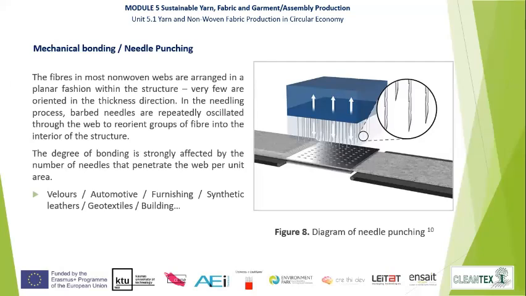Very few are oriented in a thickness direction, and in the needle punching process, some needles are oscillated through the web and they reorient groups of fibers into the interior of the structure in the thickness direction to link and to bond the web. The main applications are automotive, furnishing, geotextiles, building.